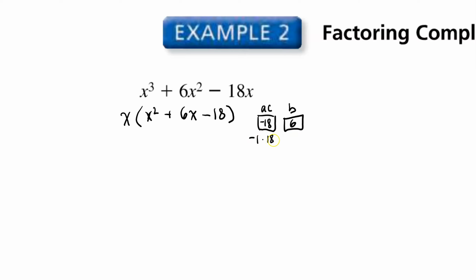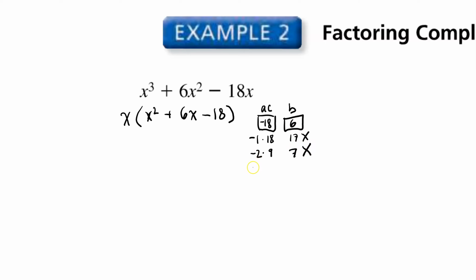So negative 1 times 18 would be negative 18, and negative 1 plus 18 would be 17, and that's not it. So I'm going to look at negative 2 times 9. Negative 2 times 9 is negative 18. Negative 2 plus 9 would be just 7. And, well, that's closer to 6. It's not 6, so we're still going to look.